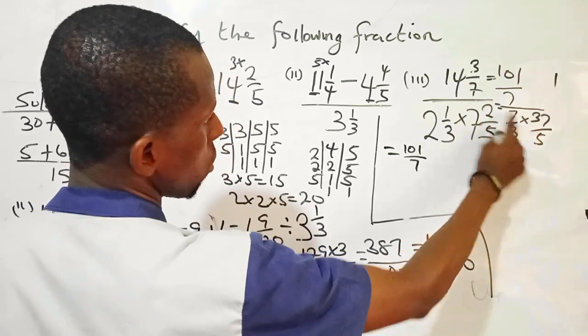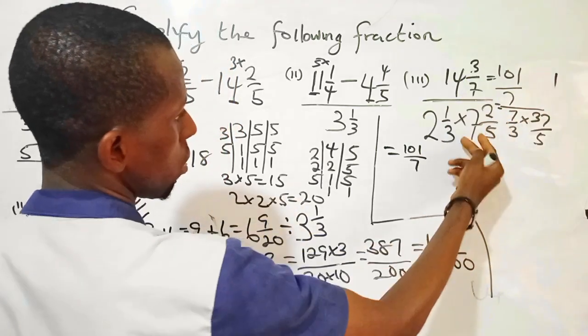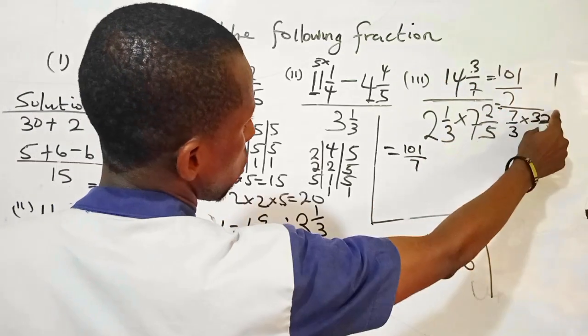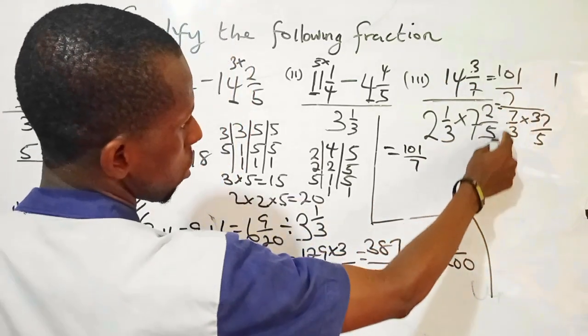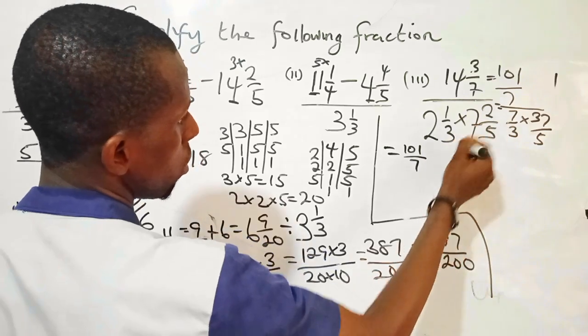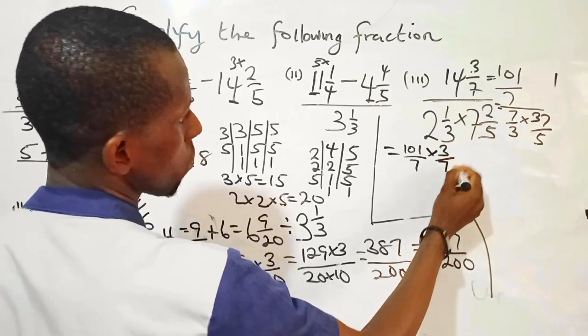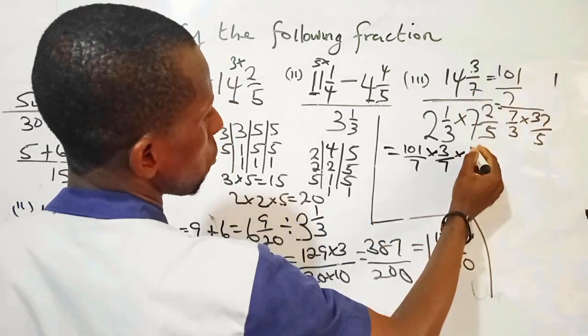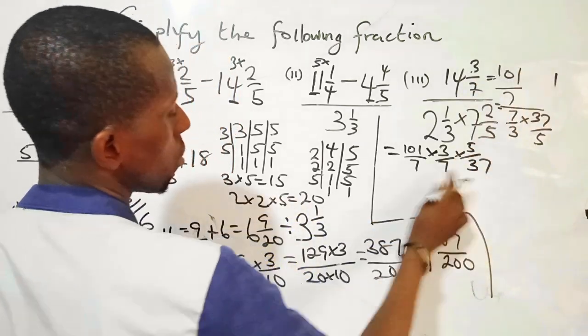We have multiplication, and this is a division line that connects the numerator and the denominator. Because of this division line, we have to reciprocate: 7 over 3 will now be times 3 over 7, and times 5 over 37.